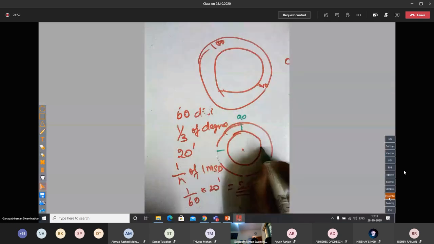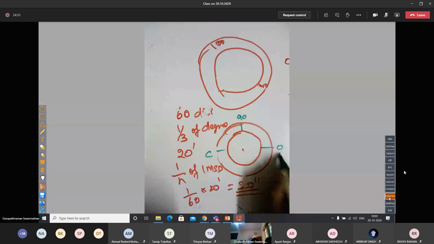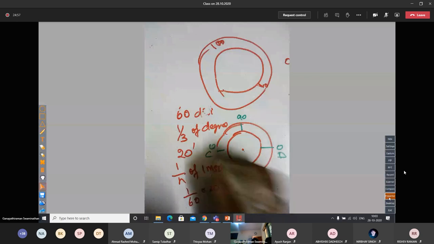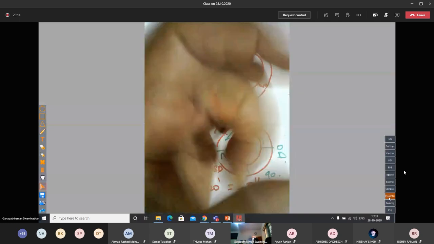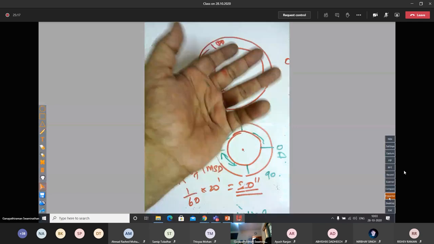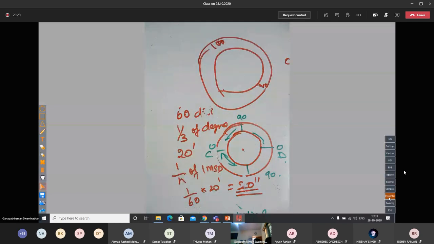This is 0 and this is 90. You have a C vernier and a D vernier, so you have A, B, C, D. A and B are for horizontal, C and D are for vertical. If you understand this, I'll proceed further.